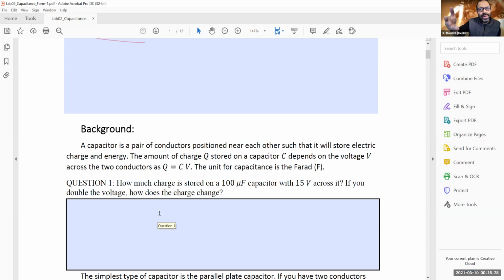Then I say Q is equal to 100 times 15, and it's what? 1,500 microcoulombs. Okay, that's fine. Then if I double the other one, because of this linear proportionality, the charge will double. So in a sense, it has to be full sentences, short answers, yes or no, or just numbers.